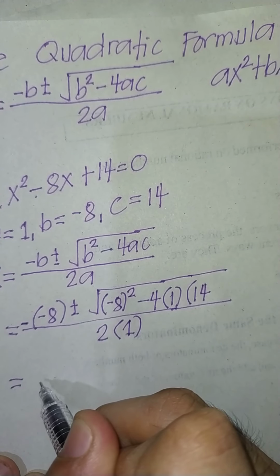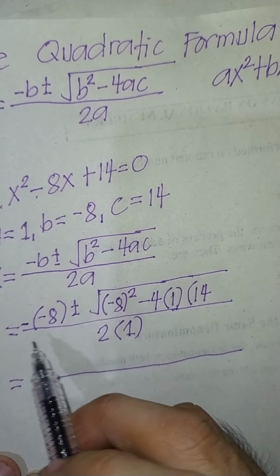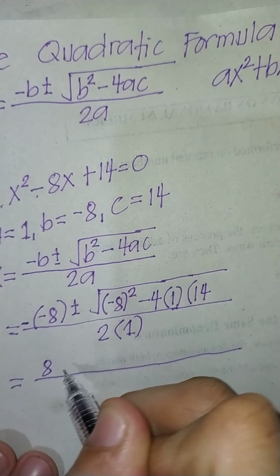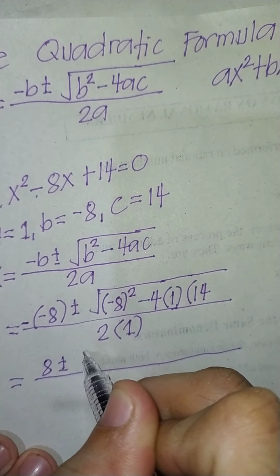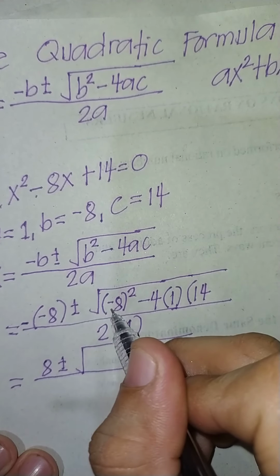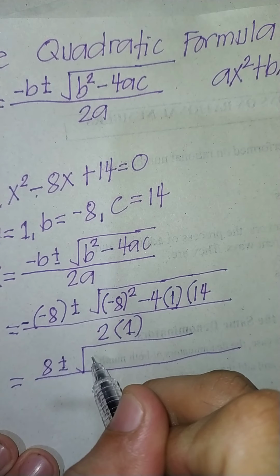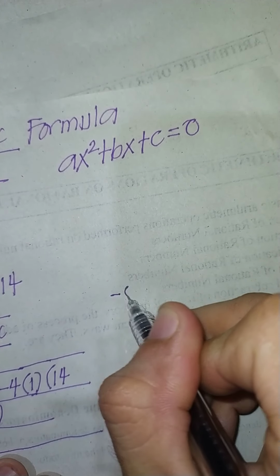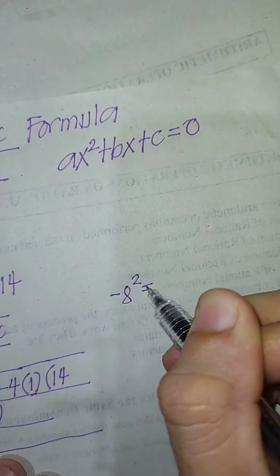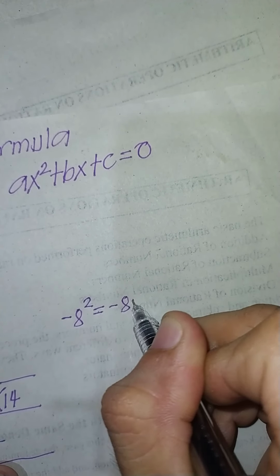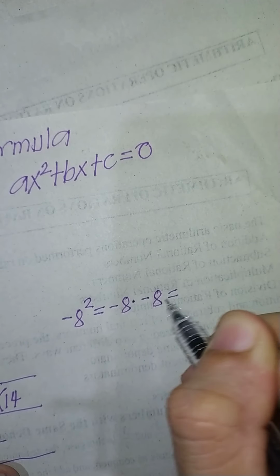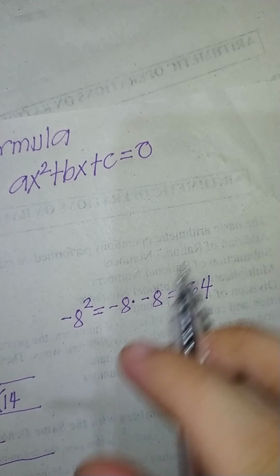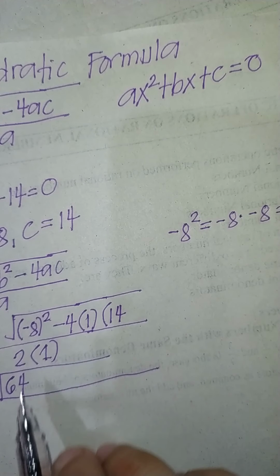So, is equal to, next, negative times negative 8, that is positive 8, plus minus square root of negative 8 squared. Negative 8 times negative 8, if you multiply both negatives, the result is positive 64. So, papalitan mo yung negative 8 squared ng 64.